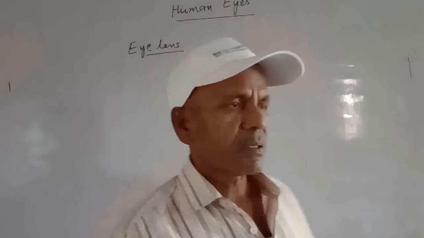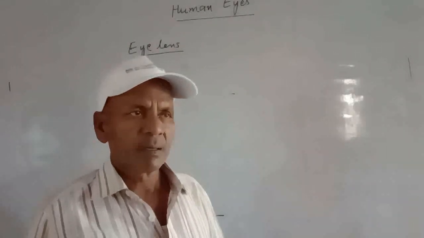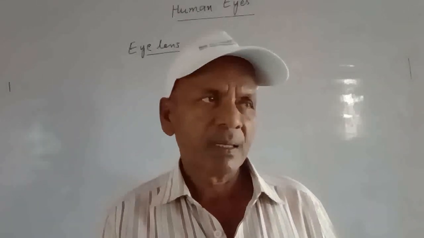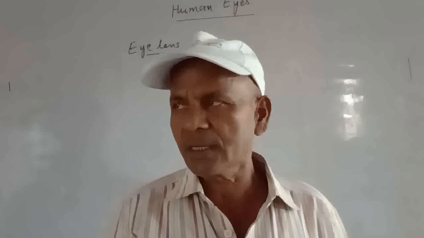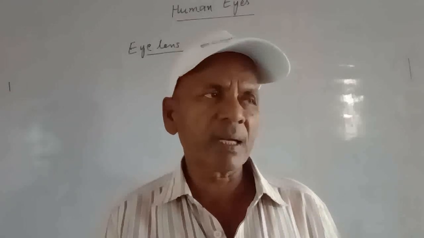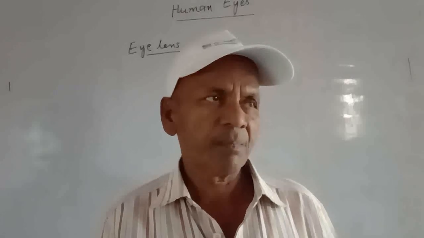Now eye lens is a transparent crystalline lens. It is behind the pupil of the eye. It is held by the ciliary muscle and focal point of the lens is controlled by the ciliary muscles.